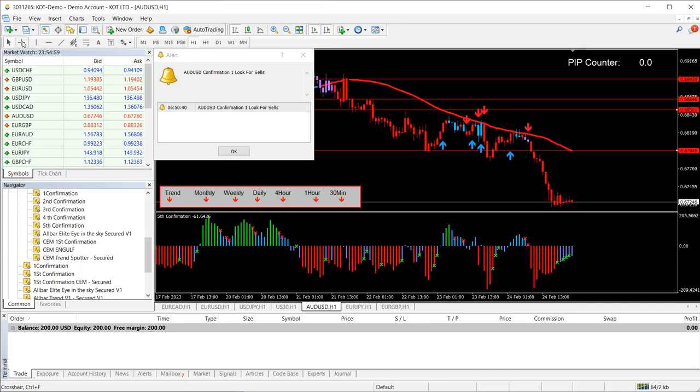So the numbers may not make sense to you right now, but this would be our entry. We'll be willing to lose 42 pips. So the first set of numbers, that 11, that is going to be how many candles it goes past, right? So that's like 10 candles in the future, but we'll be willing to lose 44 pips. But look at what we'd be willing to gain, right? 80.